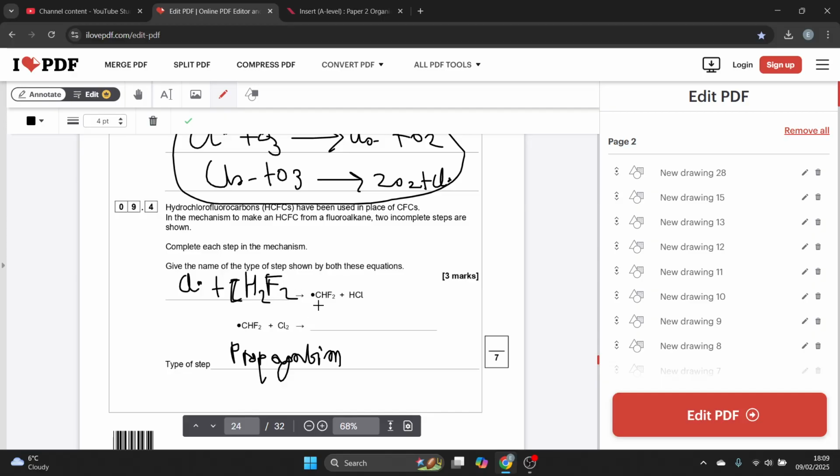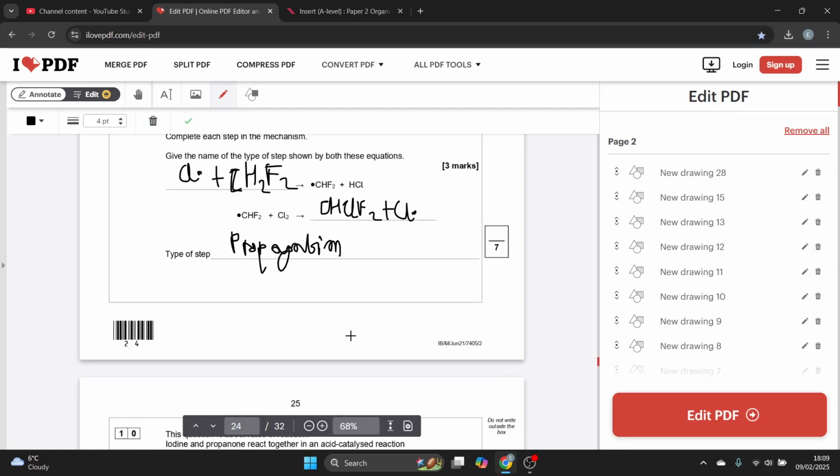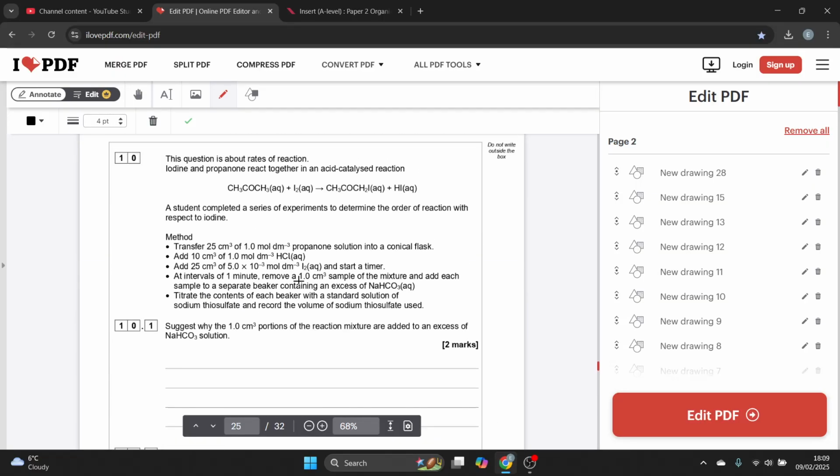Then I add extra chlorine, then what do I get? CHClF2 plus your chlorine free radical. Propagation.